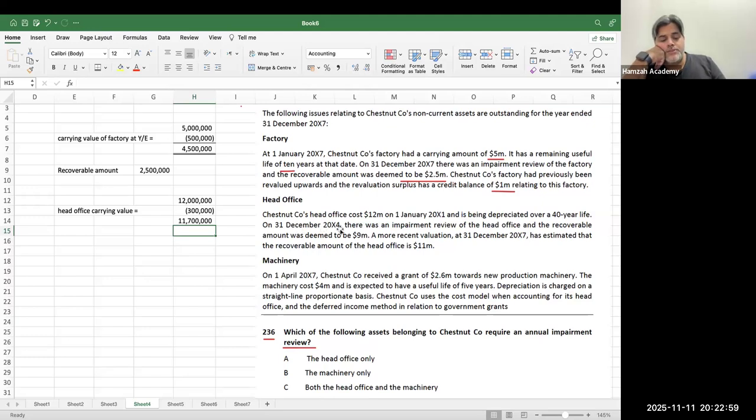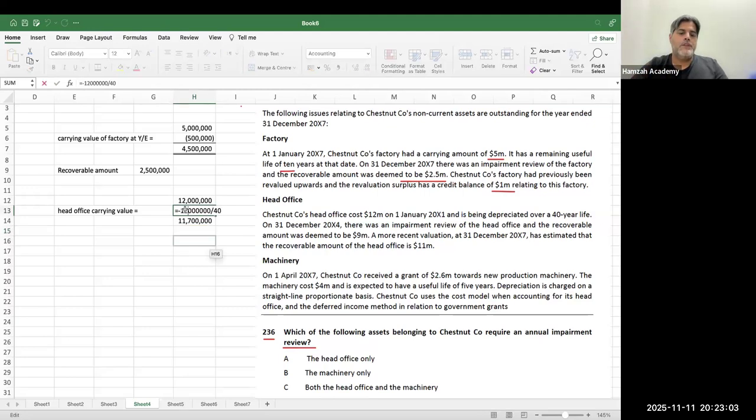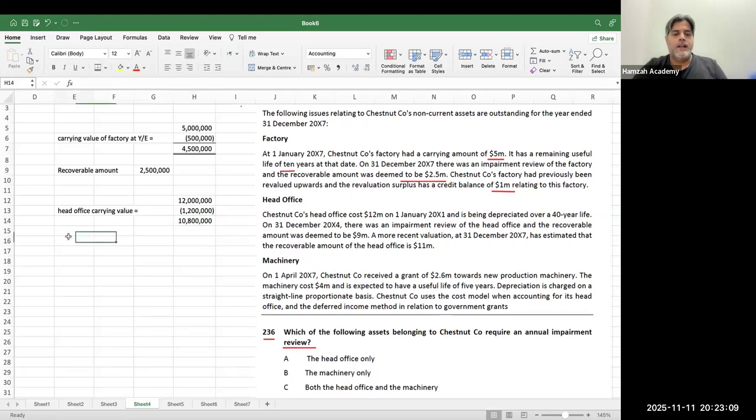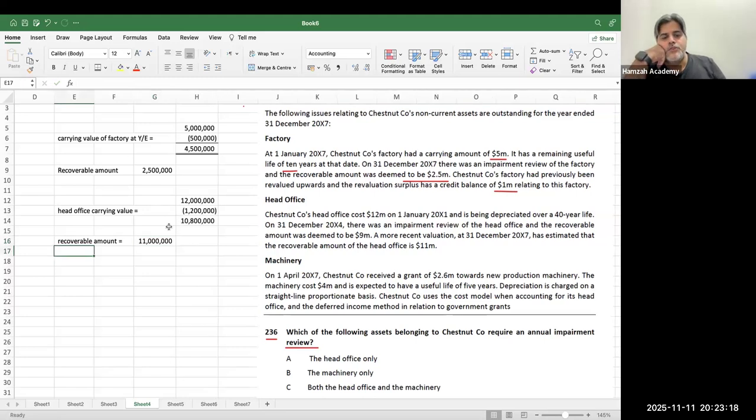So x1, x2, x3, x4. 4 years depreciation. Accumulated depreciation is what I have to take. So that's going to be 10,800 and the recoverable amount is 11 million. So carrying value is lower than the recoverable amount. No impairment. It's fine over here, head office.